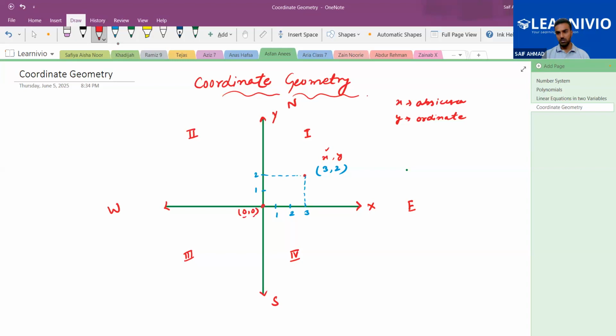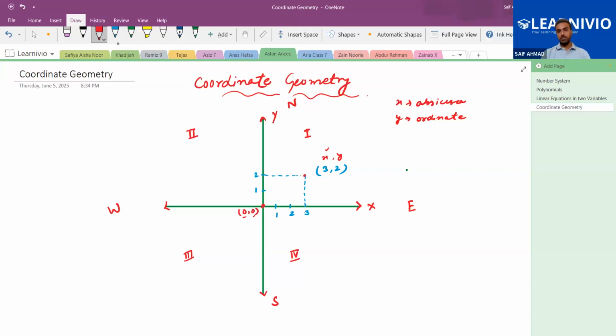This is the origin because we do not move along the x-axis or the y-axis. We are here in the middle, so the point is (0, 0). Understood? Always, the origin point is (0, 0).